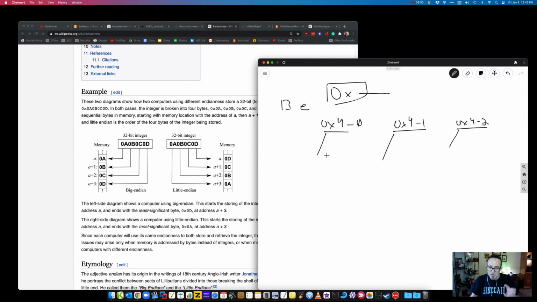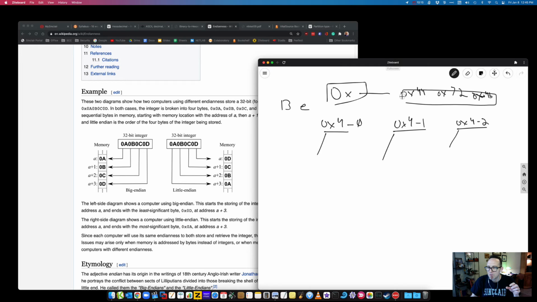So if we were to write out in proper format here, Dr. Mike, it'd be 0x44, and so on, 0x72, and 0x, that's a really bad 0x, 4D.